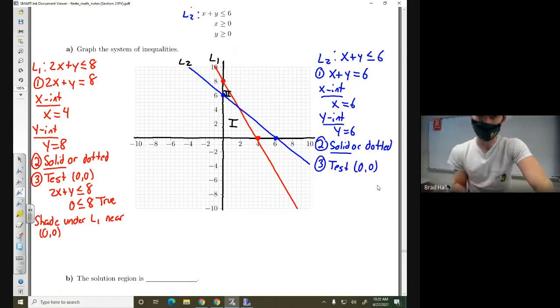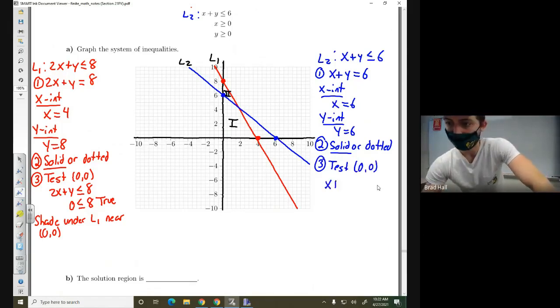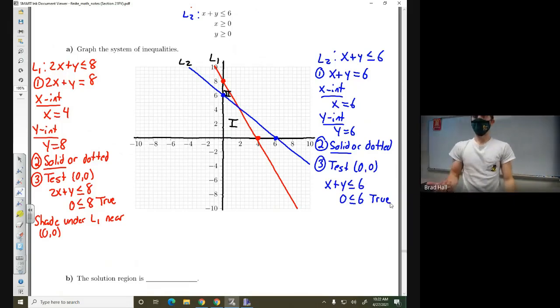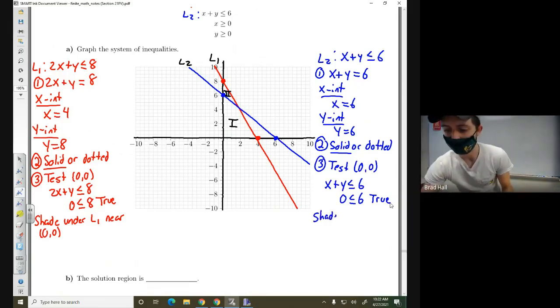So let's test 0, 0. Here we have x plus y is less than or equal to 6. Everything zeroes out on the left. We get that 0 is less than or equal to 6, which is true. So we shade under L2 near 0, 0.